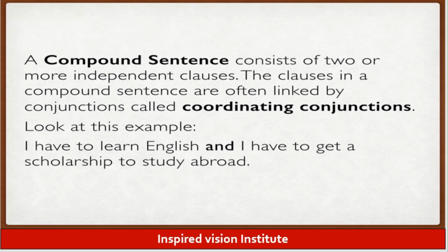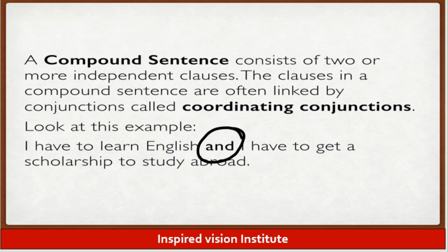The second clause, I have to get a scholarship to study abroad, is again an independent clause. Two independent clauses are combined with a conjunction, that is, and. And is a coordinating conjunction.